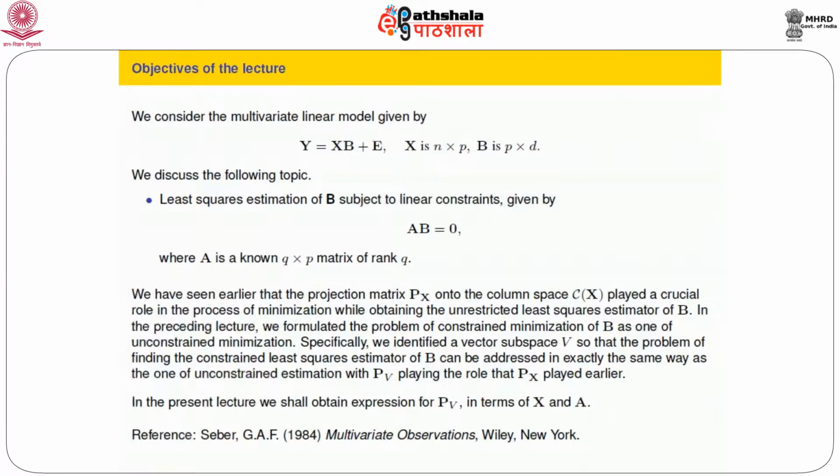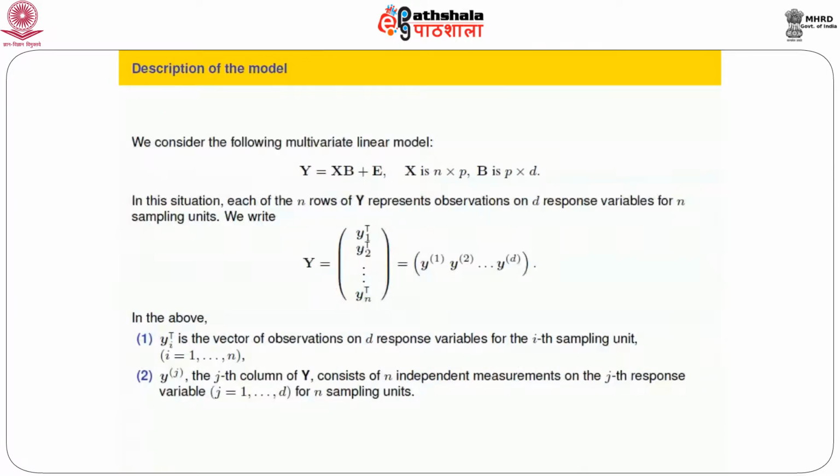So this is the salient feature of the multivariate linear model, namely that in the univariate linear model we have observations on only one response variable. Here we have d response variables, and X is the design matrix of size n cross p, B is p cross d, etc. And if we write B as the columns B superscript 1 up to B superscript d, E is equal to epsilon 1 transpose up to epsilon n transpose, etc. So we see this relationship that we have already discussed in our third lecture and even before that.